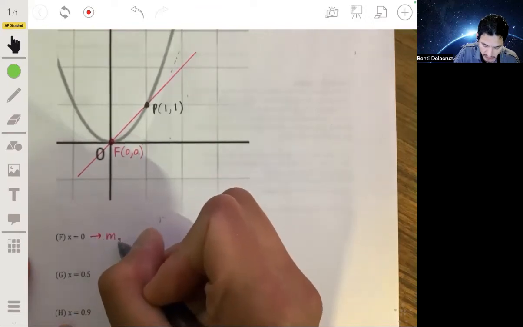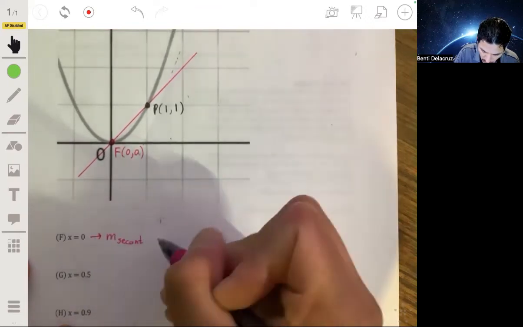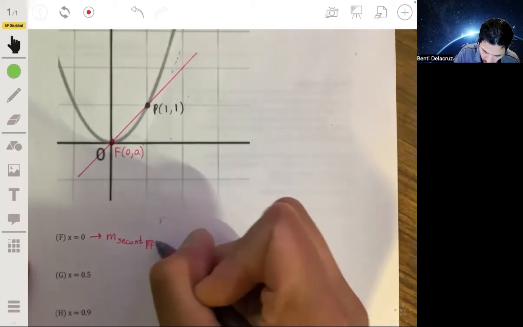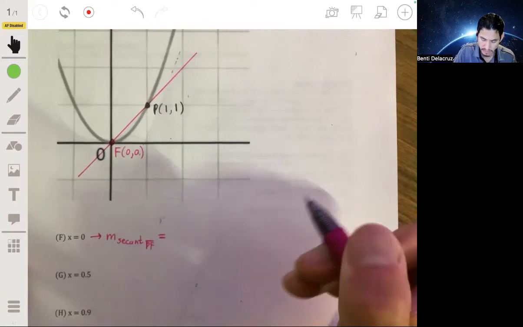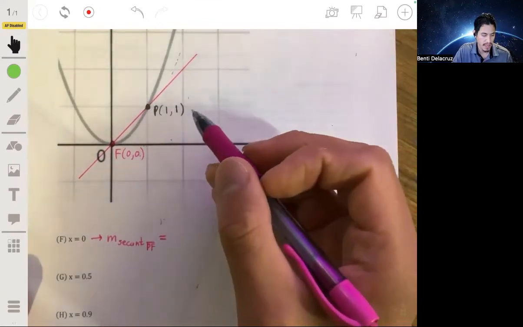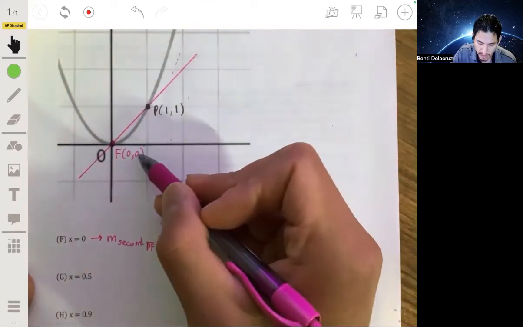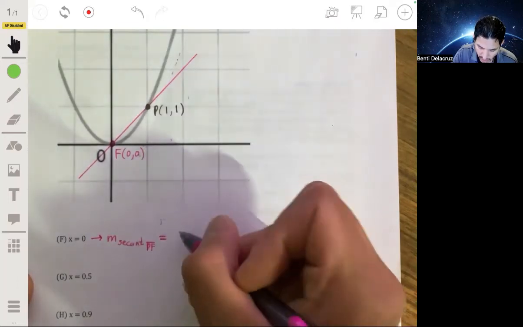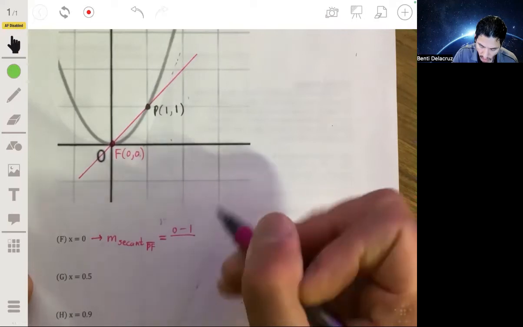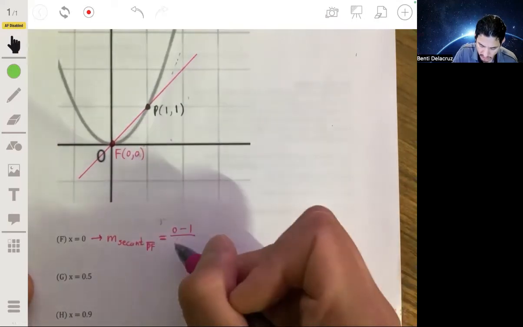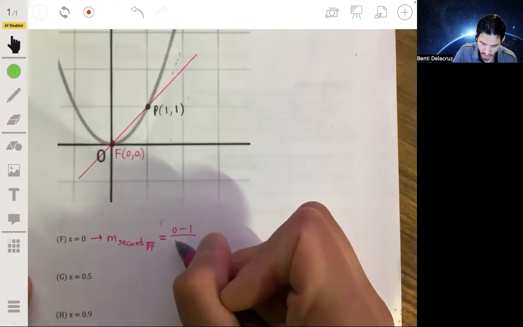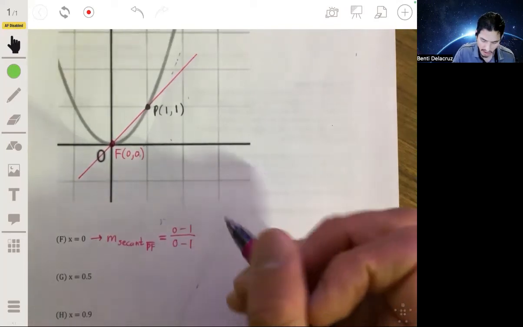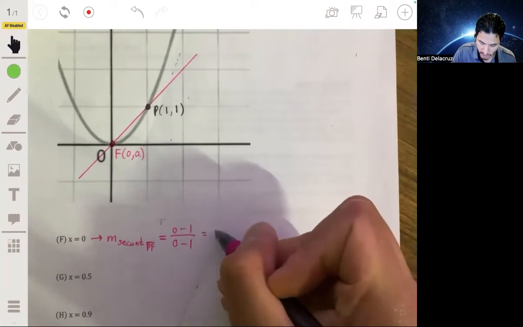So the slope of this secant line, called again PF, you would still go ahead and do 0 minus 1, remember, y2 minus y1 over x2 minus x1, over 0 minus 1. And you would get 1 for this first case.